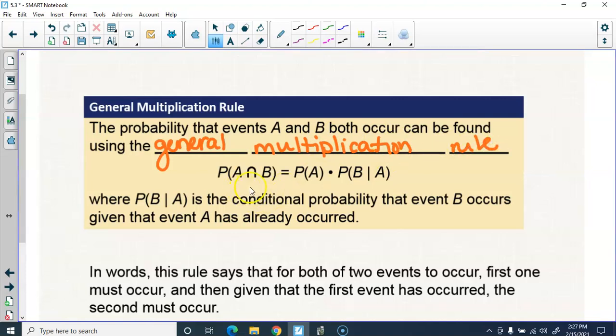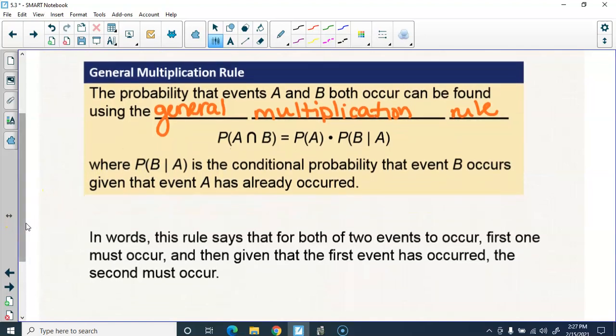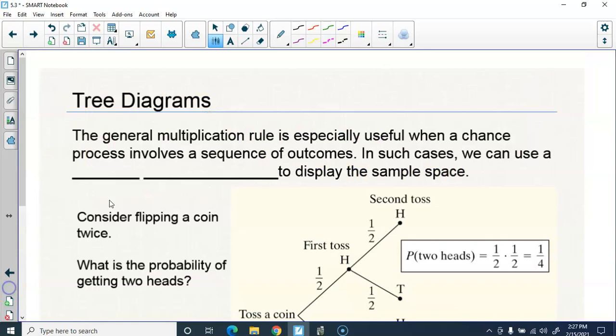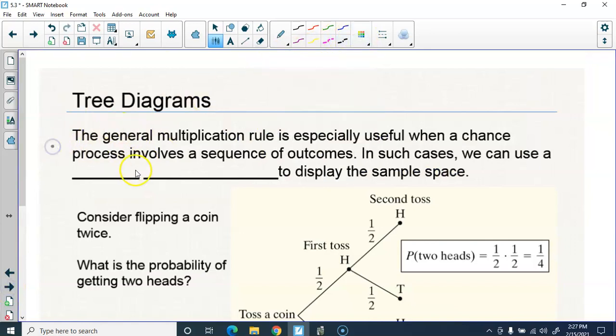To find the probability of A and B, we find the probability of A and multiply it by the probability of B, given A has already happened. In other words, this rule says for both events to occur, first one of them must occur, and then the other, given the first has occurred, must occur. So one way of dealing with this is tree diagrams.